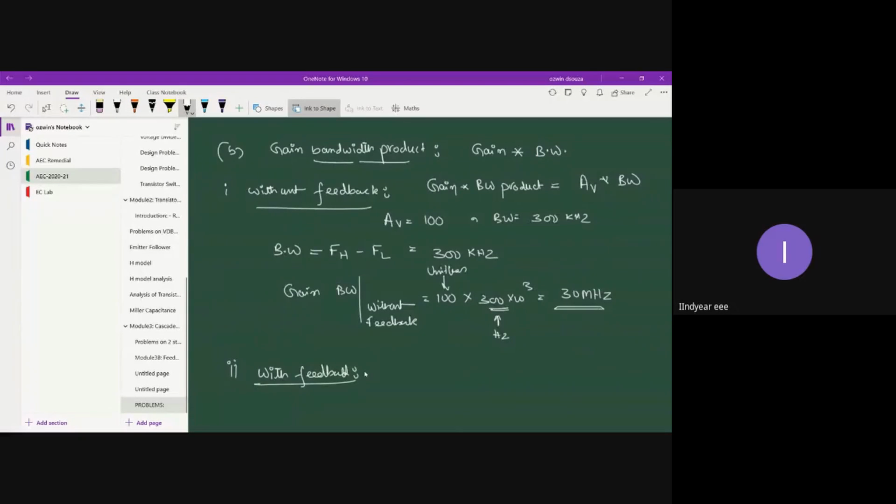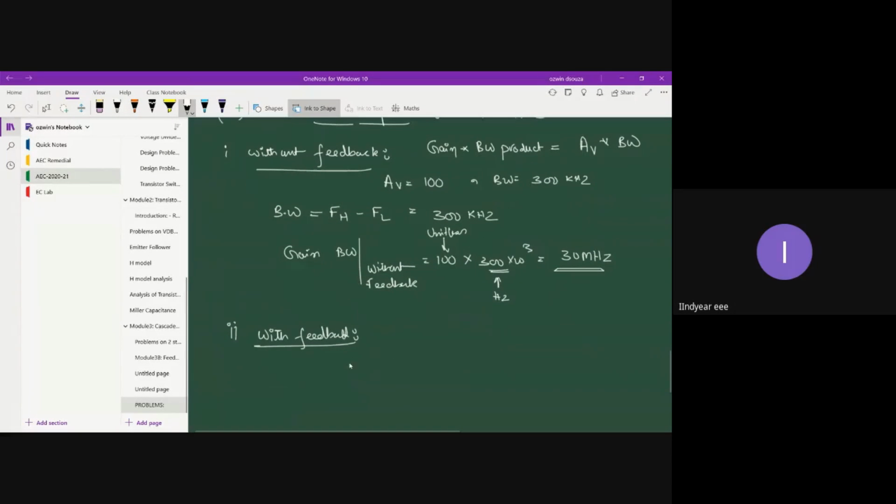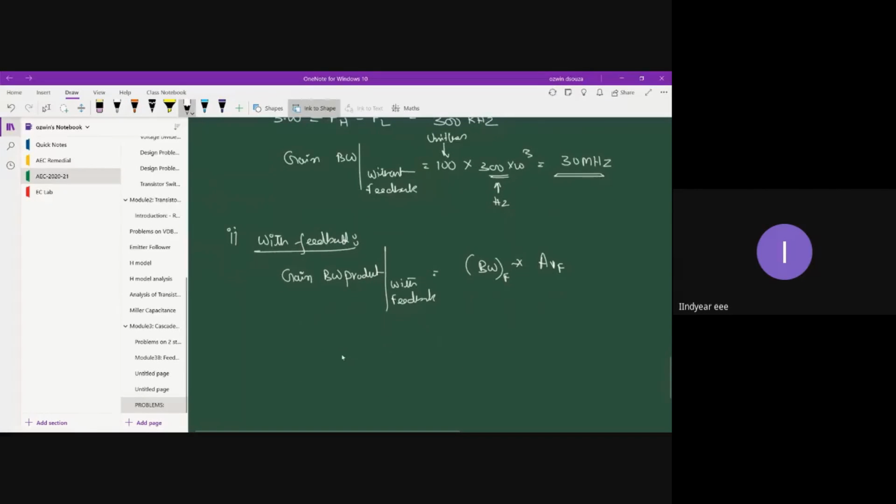With feedback, your gain bandwidth product is given as bandwidth with feedback into gain with feedback. So it is BWF into AVF. What is BWF? BWF is equal to BW into 1 plus AV times beta.